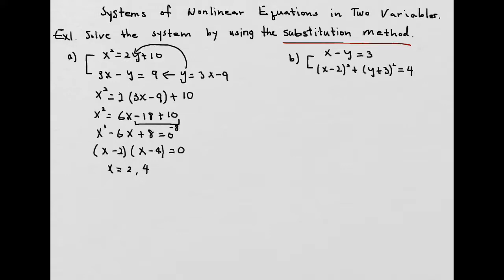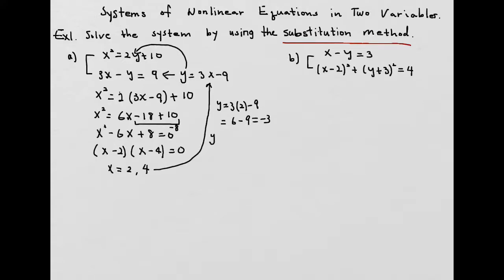So once you have x equals 2 and positive 4, then you can replace those values into one of these three equations. Two was given and one was the transform. And I will probably put it into the transform because it's already solved for y. Then when x equals 2, I will have 3 times 2 minus 9, which will be 6 minus 9, that's negative 3.